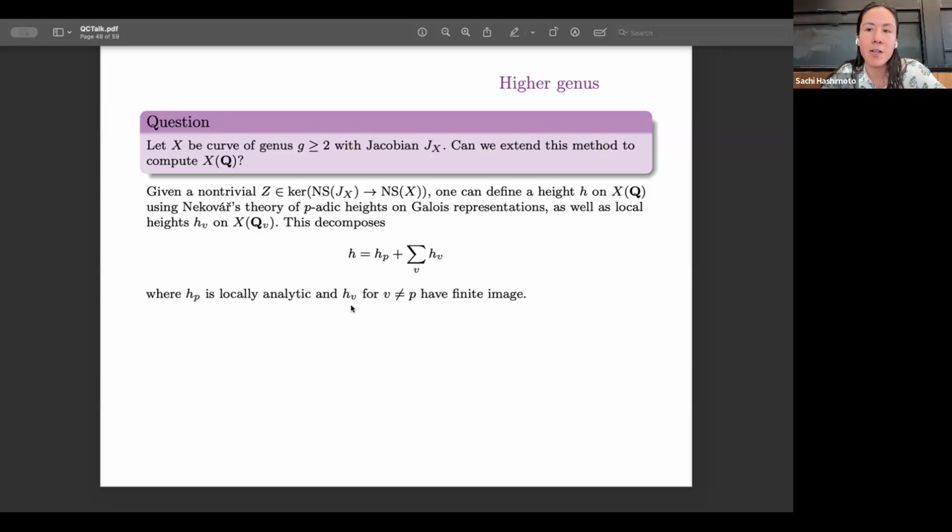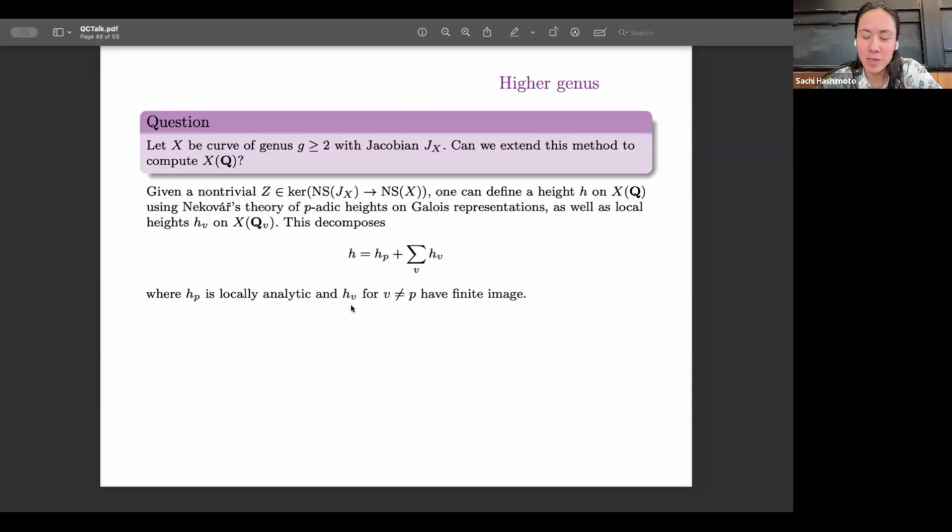And when v is a prime of bad reduction, the image of these is determined by the reduction type and the combinatorics of the reduction type, and it will have finitely many values. But the combinatorics of that becomes much harder and is in general quite a difficult problem. Unlike in the elliptic curve case where you can do it just from the Kodaira types, the classification of Kodaira types for higher genus is not really well established.